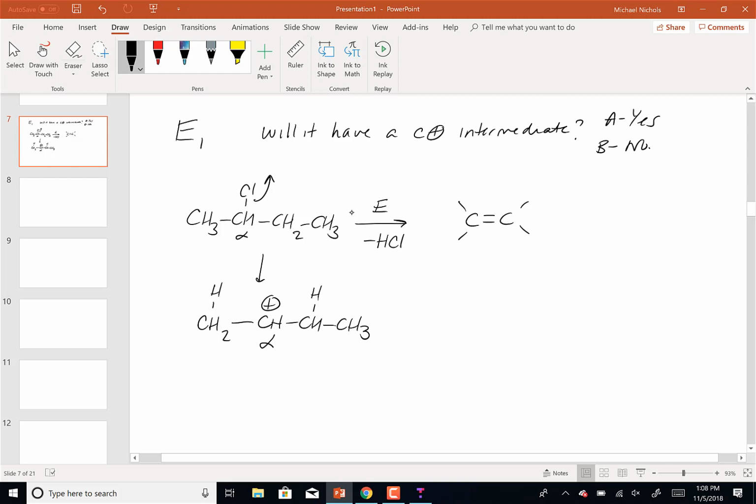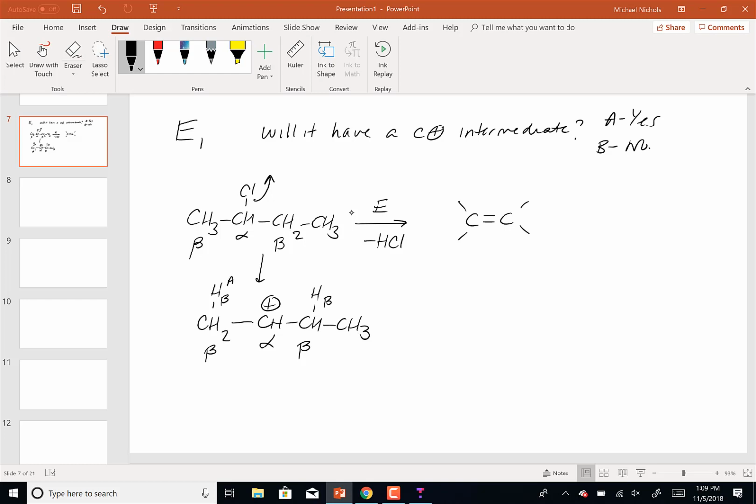And then what are the beta carbons? The ones that they're attached to. And then what are the beta hydrogens? They're the hydrogens attached to the beta carbon.